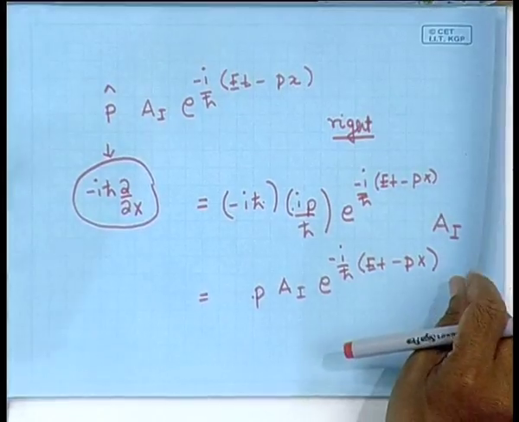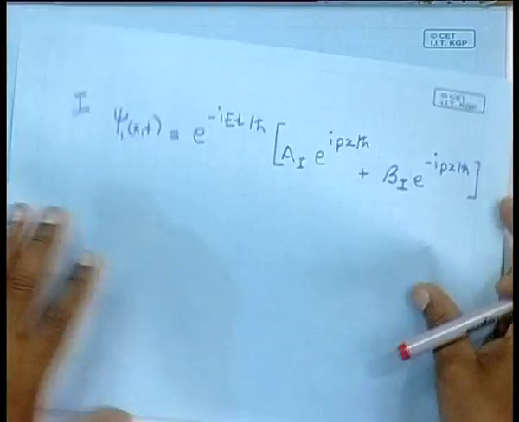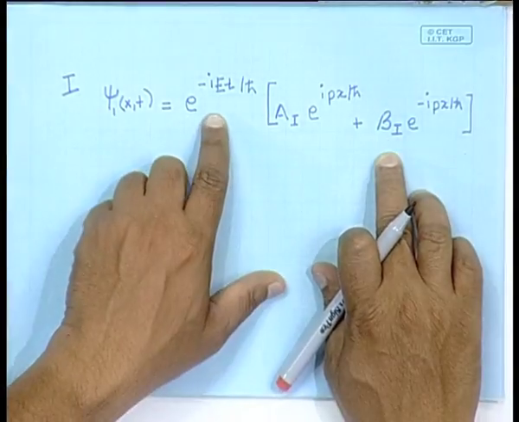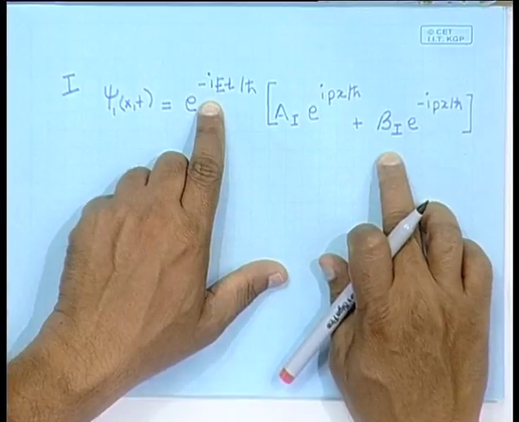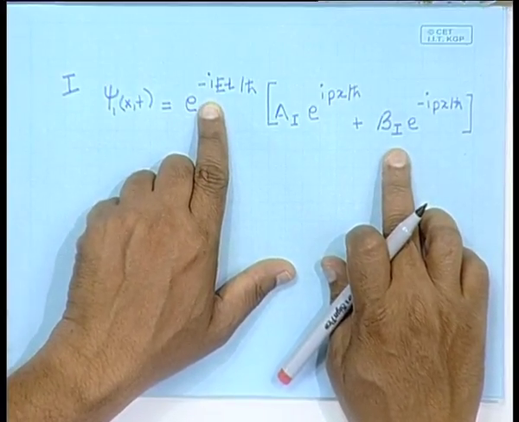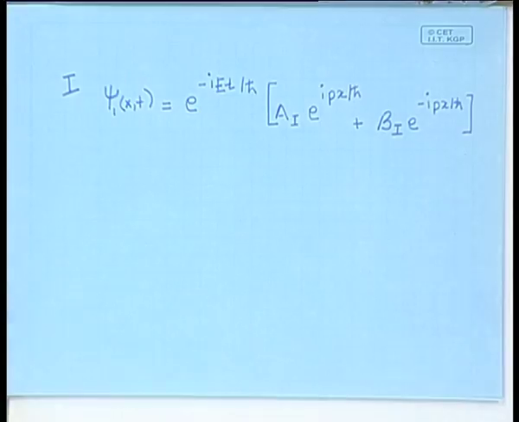It should be clear from this that the second part is a left traveling wave, and it is an eigenfunction of the momentum operator with eigenvalue minus p.